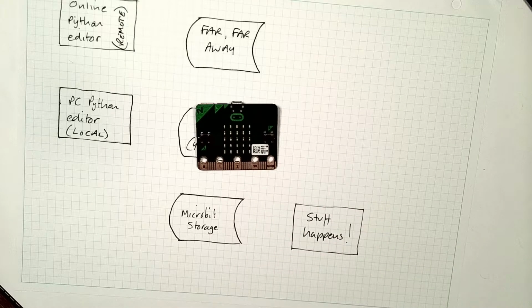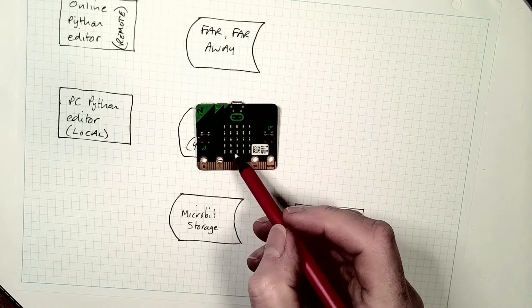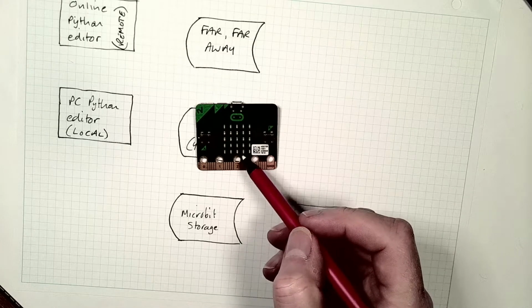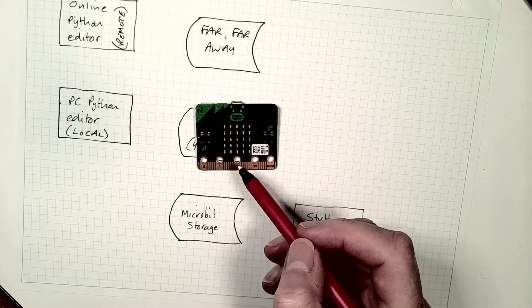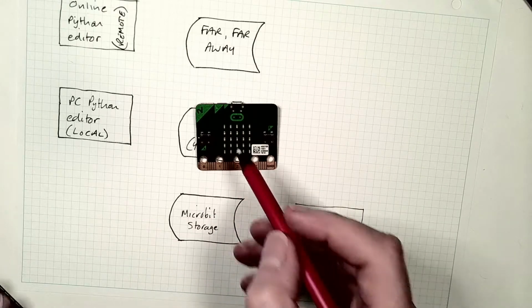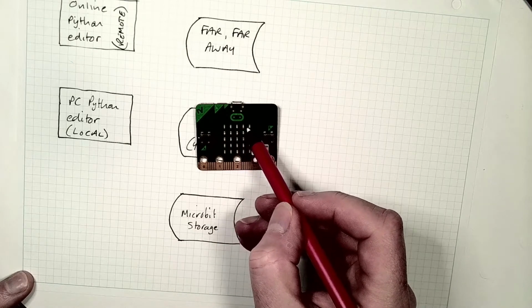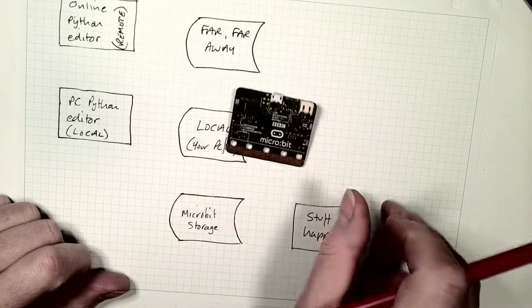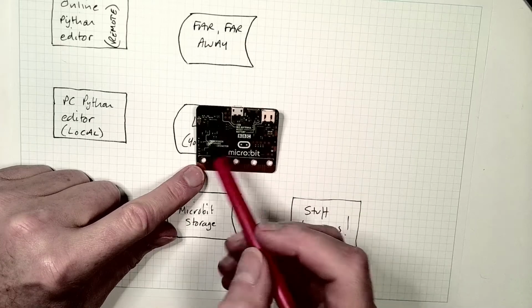It might seem very low resolution, but the great thing about this little screen is that it teaches all the principles of using a screen, how you program a screen, and each one of these individual pixels has an individual address. We've got a couple of buttons.